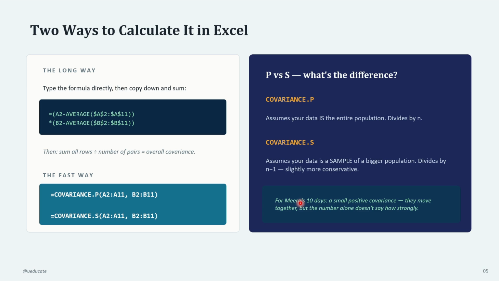But the number alone doesn't say how strong, so that's where correlation comes into play. We will come to that later. First we will see how we calculate covariance in Excel.